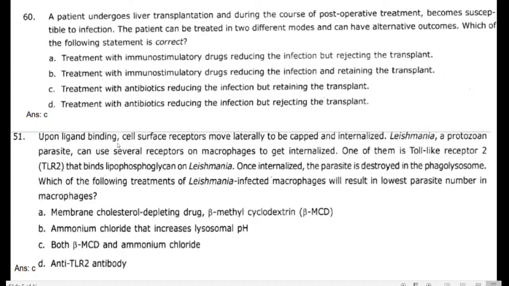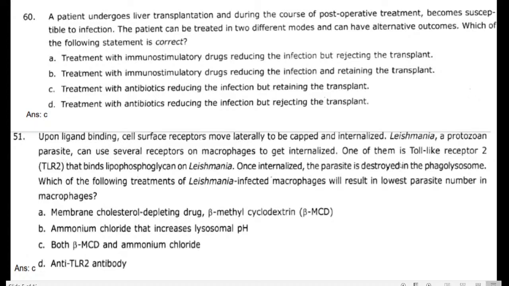Upon ligand binding, the cell surface receptors move laterally to be capped and internalized. This is the statement. Leishmania, a protozoan parasite, can use several receptors on macrophages to get internalized.